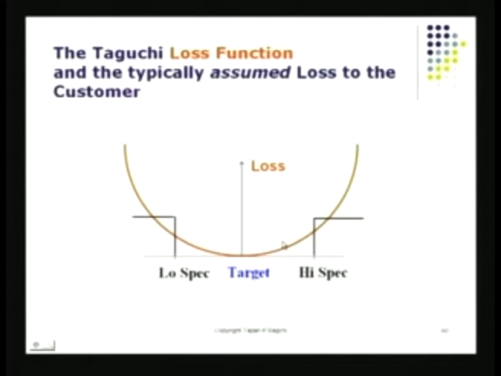What Taguchi said is, try to find out what the target is for a particular customer and offer him a product that is exactly on target. That's when the customer's loss is going to be minimal. Suppose somebody gifted me a shirt that was size 40, size 41 or 39, I certainly would not be able to use it.